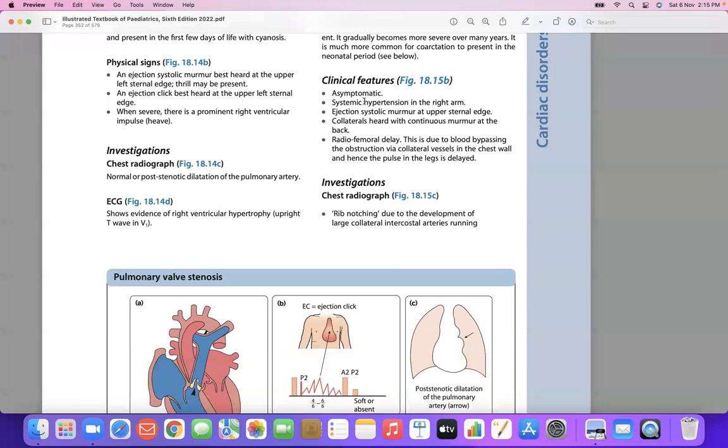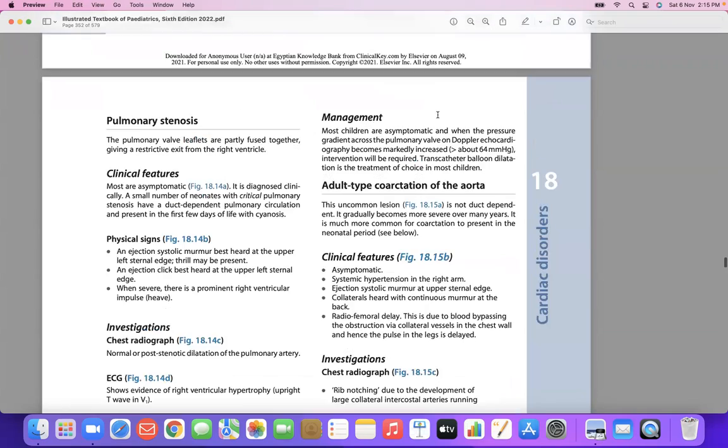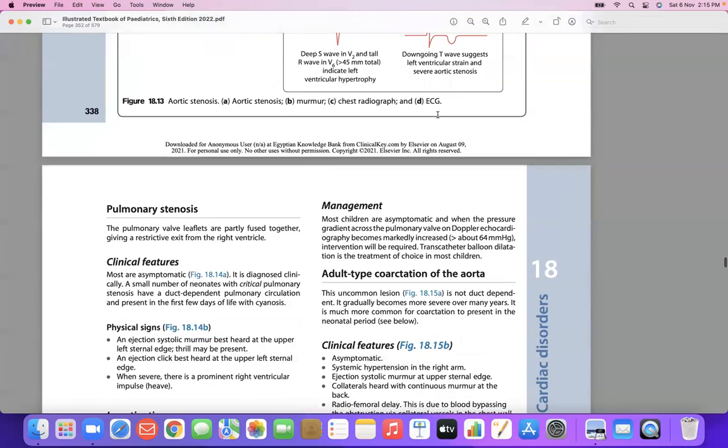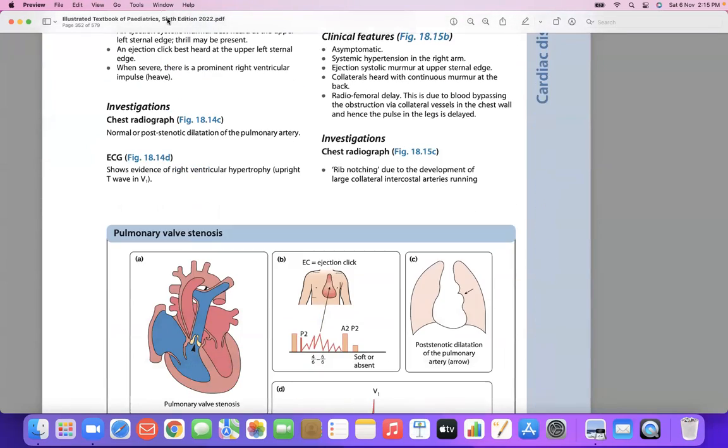Clinical features: asymptomatic systemic hypertension in the right arm, and ejection systolic murmur at the upper sternal edge.